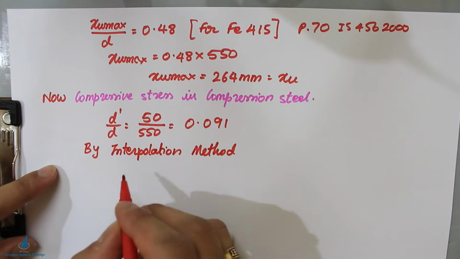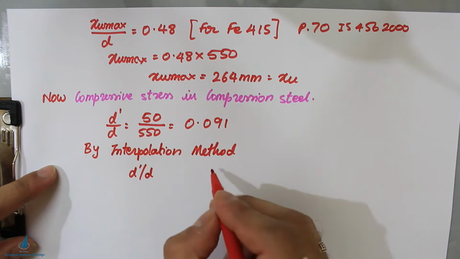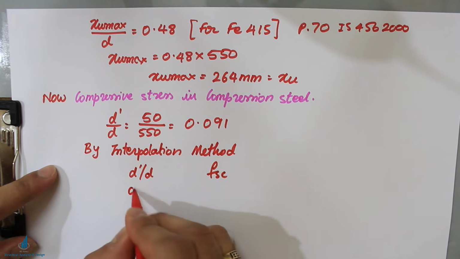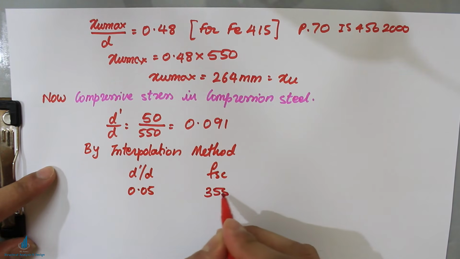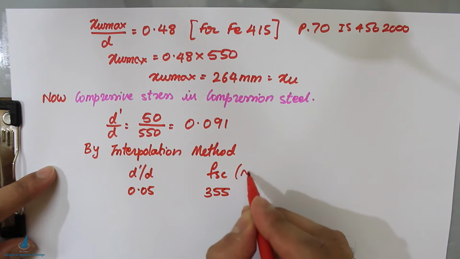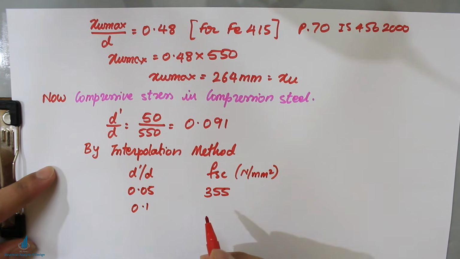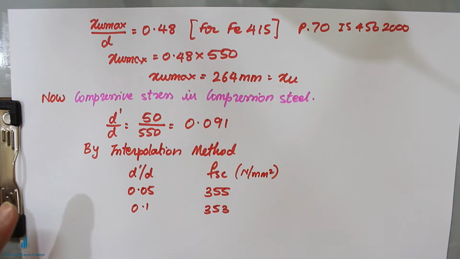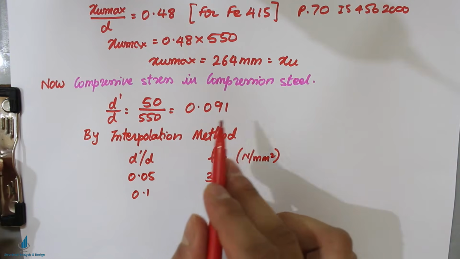in this column I will write d dash by d and in this Fsc. For 0.05 it was 355 Newton per mm square, and for 0.1 it was 353 Newton per mm square. Now you have to find the value for the ratio 0.091.